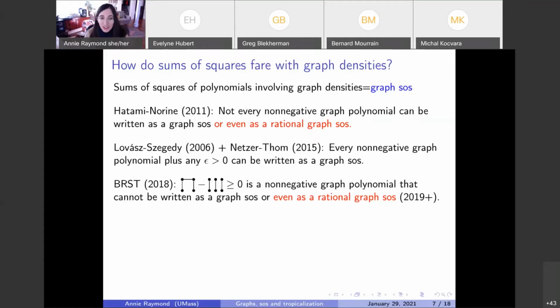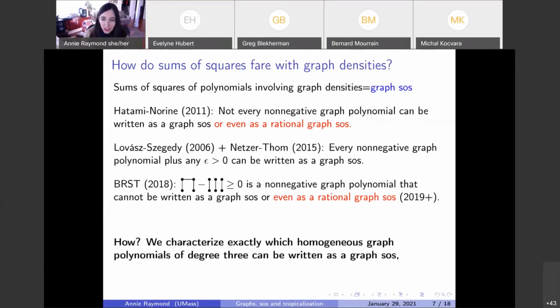And so it turns out that we cannot do this with sums of squares or even with rational graph sums of squares, thus giving us first examples of what sums of squares and rational graph sums of squares cannot do. So for the rest of the talk, I'll try to tell you how we did this. I'll try to tell you exactly what is a graph sum of squares, right? So right now, it might be a bit unclear what a graph sum of squares looks like. So I'll show you. Sorry, a question?